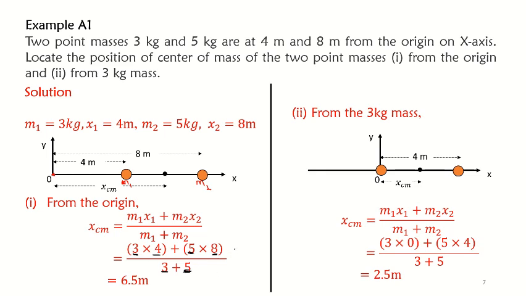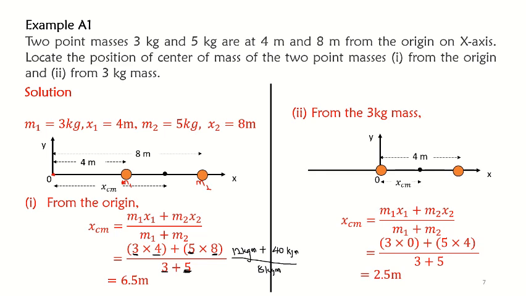So we have 12 kilogram meter plus 5 times 8 is 40 kilogram meter, then over 3 plus 5 is 8 kilogram.